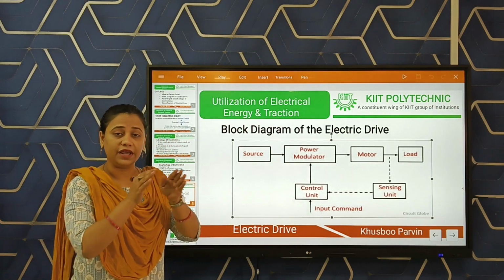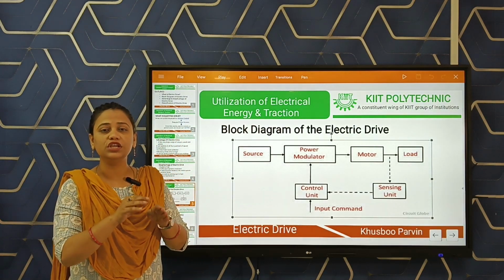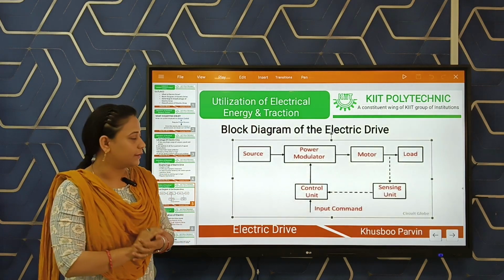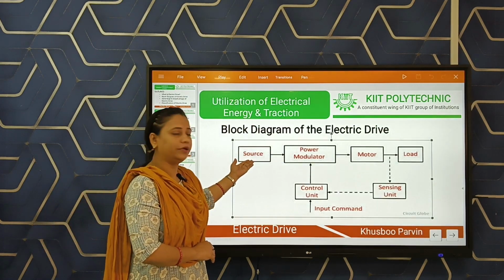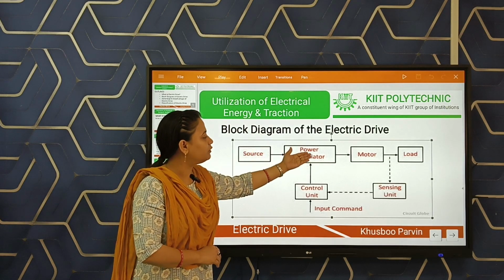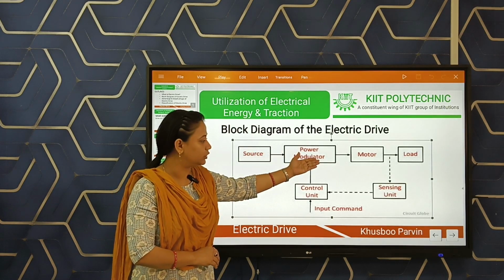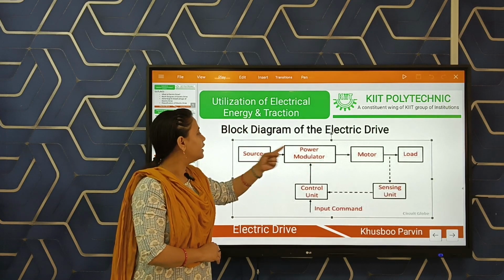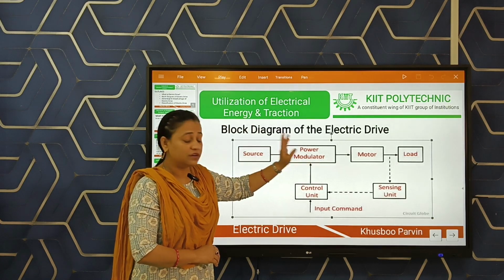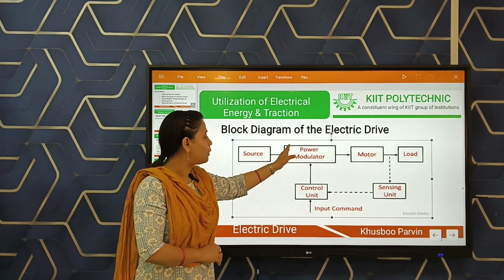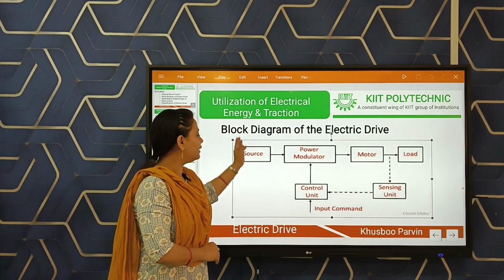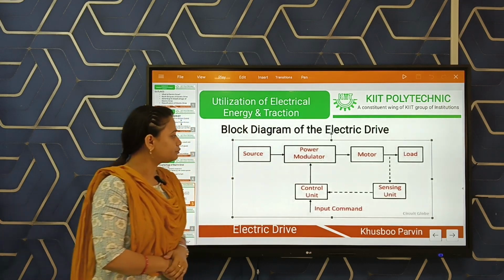It will convert AC to DC, DC to AC or vice versa. For example, if the source is a DC supply and the motor being used is an induction motor, we have to give AC supply to the motor. In that case, the power modulator will convert that DC to AC.